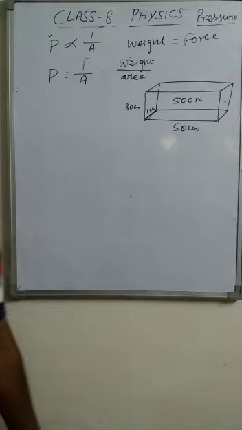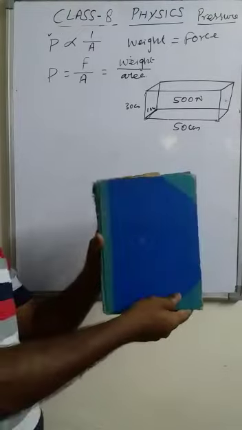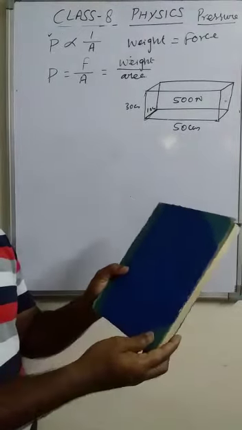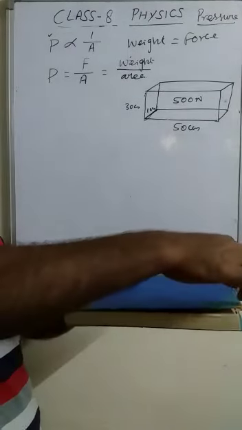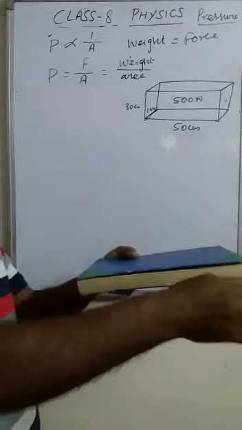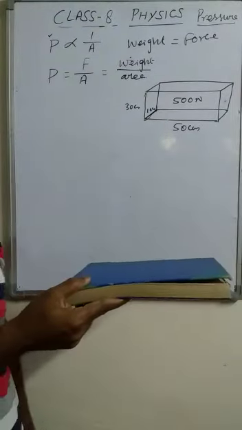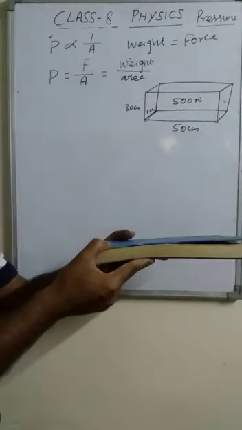If I take the example that this is a book in the cuboidal shape, it has length, breadth and height, three measurements. Its weight is given. This book can be placed in three different orientations.